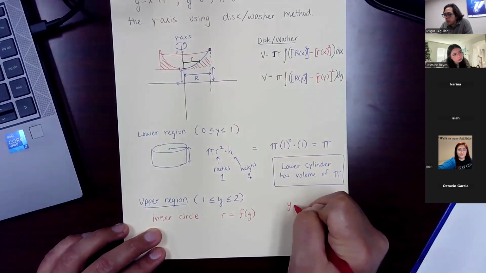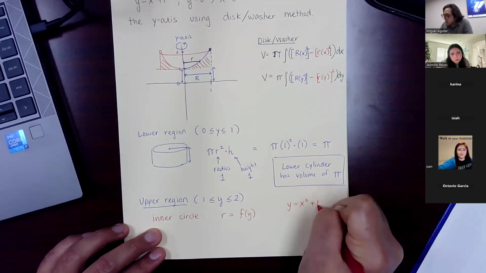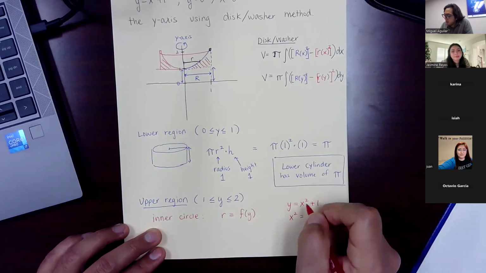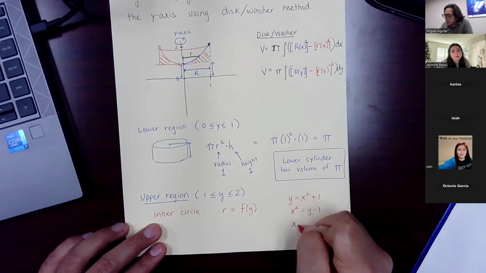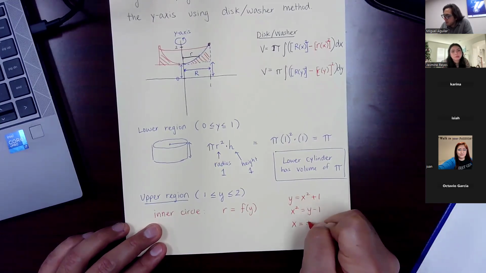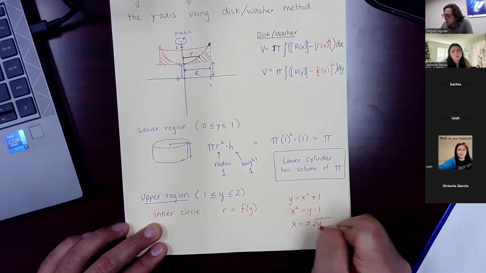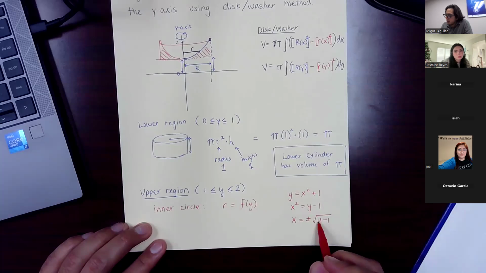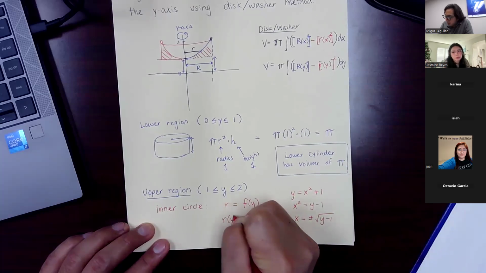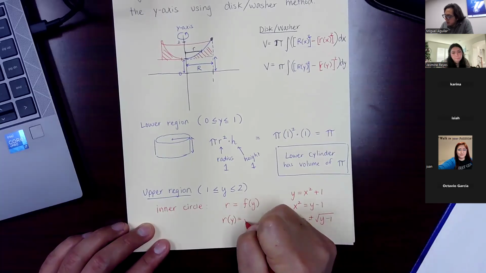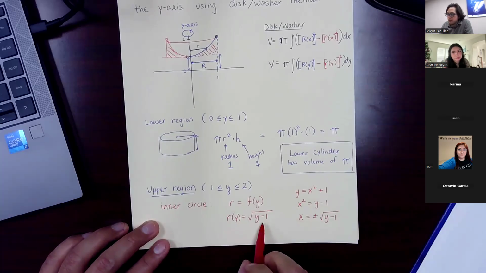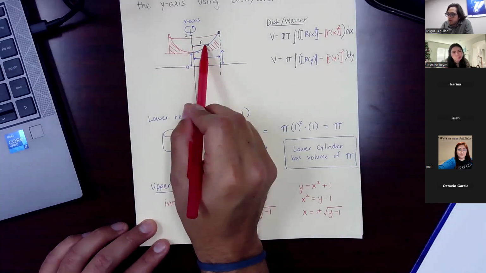So that would be like saying y is equal to x squared plus 1, and then rearranging it so that you get x squared is equal to y minus 1, and then x is equal to plus or minus the square root of y minus 1. But we really just want the positive part there. Okay. So r of y is going to be equal to the square root of y minus 1. That's going to be the inner radius, right, for the inner circle here.